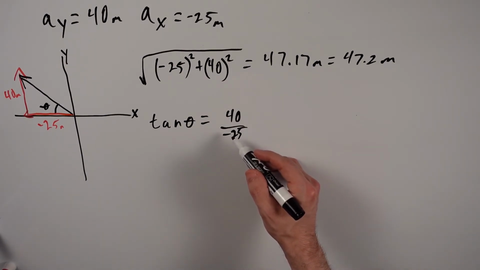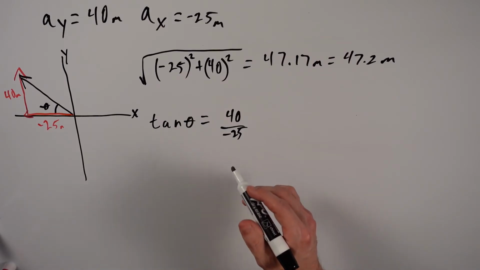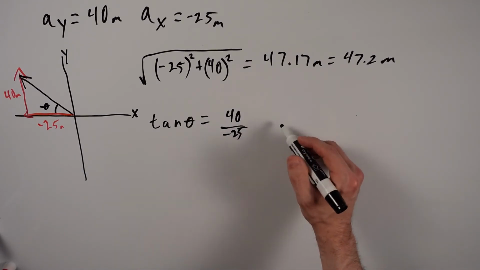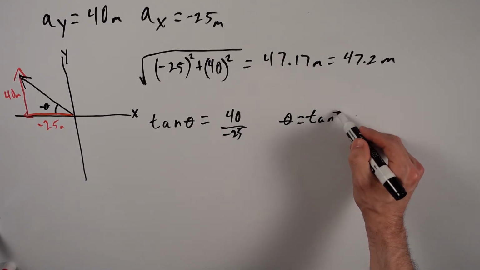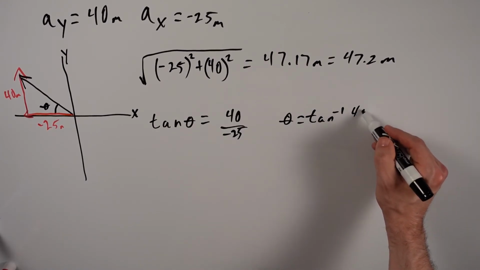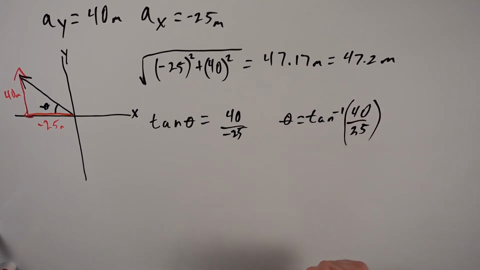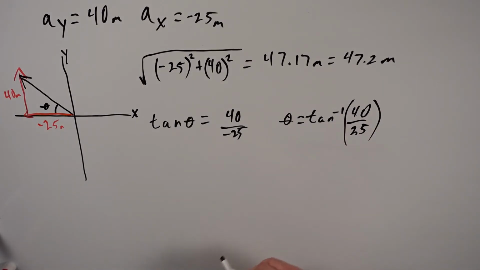And for this part, I don't think the negative sign matters, but when you do this, you're going to solve for theta. And to solve for that, you have to do the inverse tangent of both sides. So when you go to put this in your calculator, just put inverse tangent of 40 divided by 25.